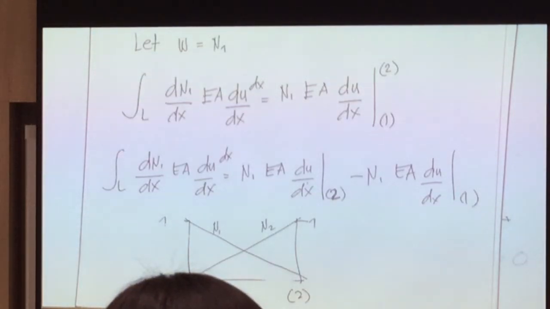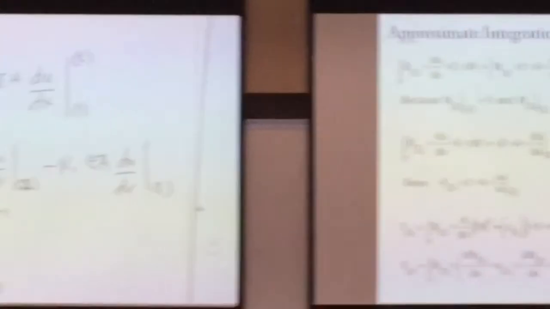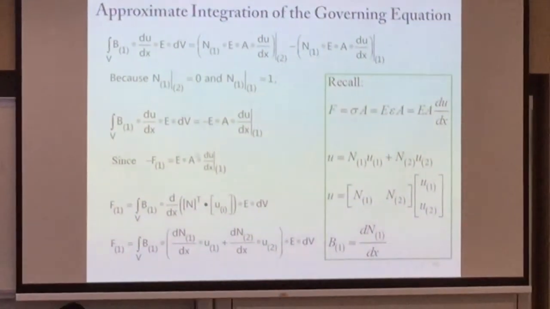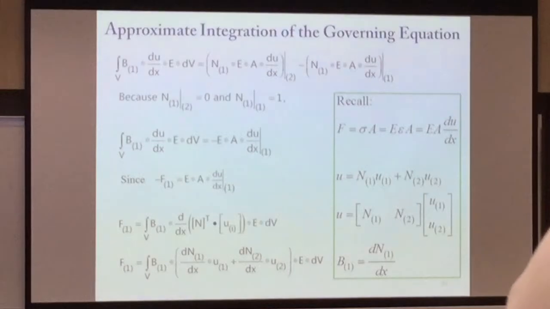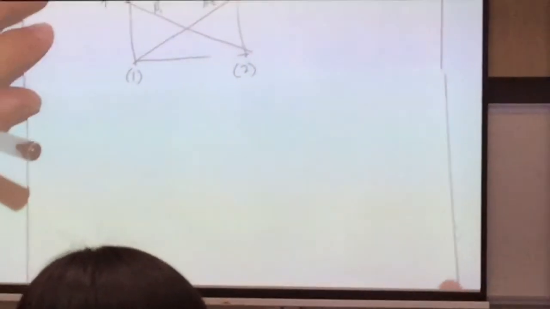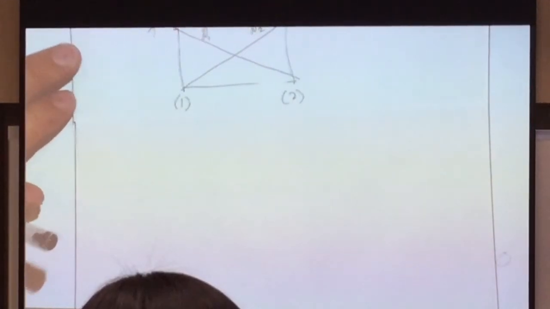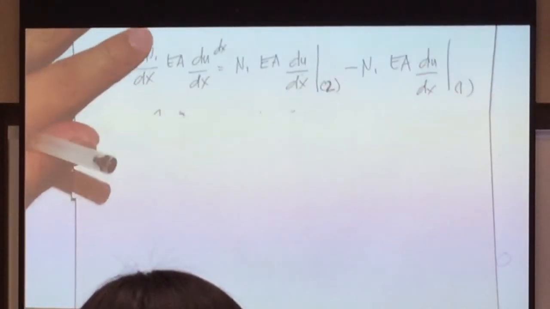So recall now that N1 at 2 is equal to 0, N1 at 1 equal to 1. So we are now left with this one here. Let me further simplify this one here.